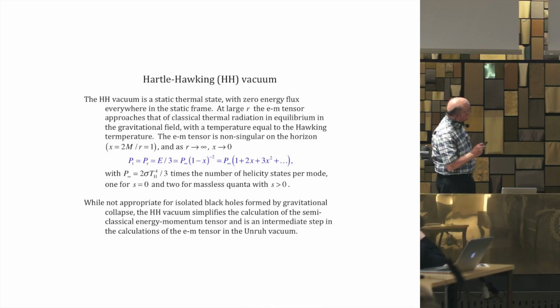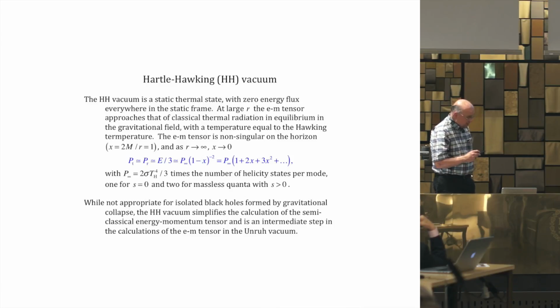Now, for my purposes, I'm interested in black holes that really exist in the universe, which are not in thermal equilibrium with the gas or radiation. But still, we have to discuss the Hartle-Hawking vacuum.